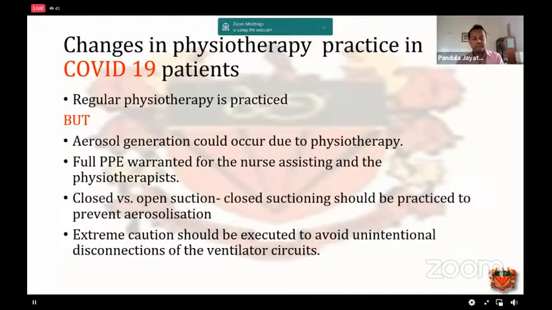You can aspirate the secretions directly through the suction apparatus without disconnecting the tube. And also, extreme caution has to be exercised to avoid unintentional disconnection of the ventilator circuit.